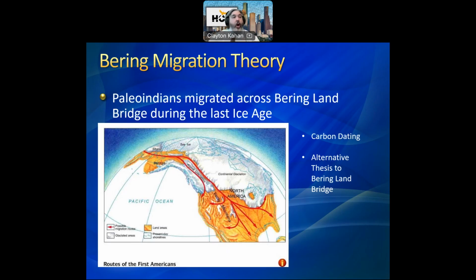What's left are glaciers up here in the Arctic Circle. That's what's left of all of this. Okay, but during this particular era, it, along with the landmass that's later going to be submerged, forms a subcontinent called Beringia that allows these people to literally just walk across this area and literally walk into North America.